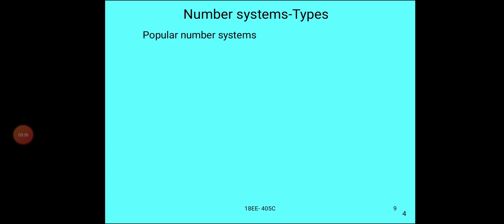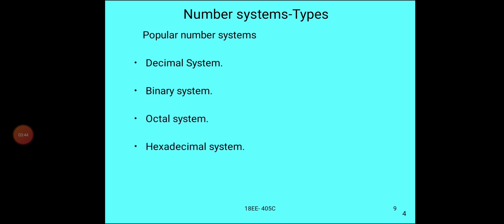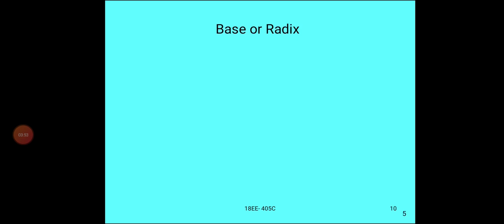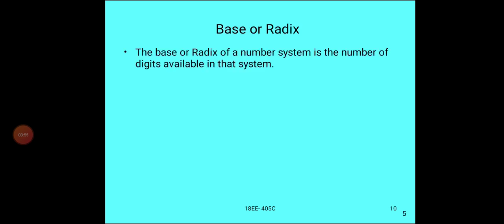Number system types. Popular number systems are the decimal number system, binary number system, octal number system, hexadecimal number system, and binary coded decimal system, that is the BCD system. Base or radix.